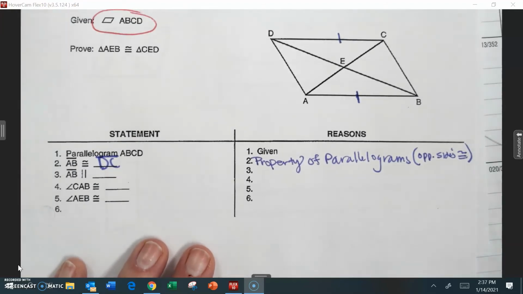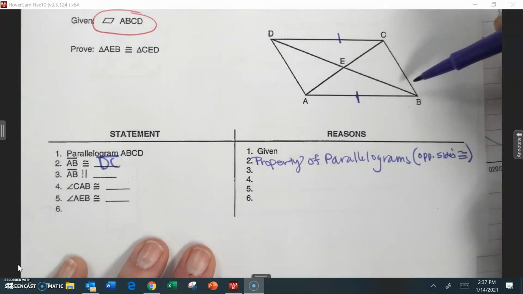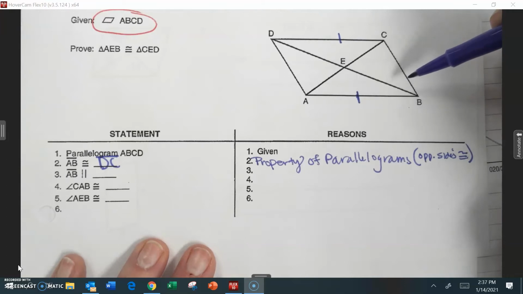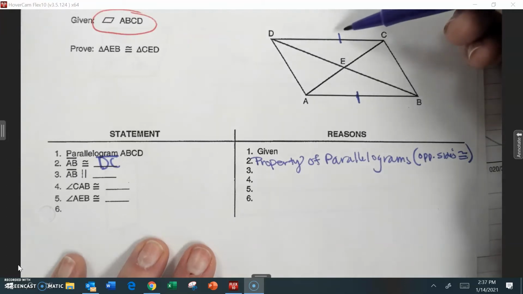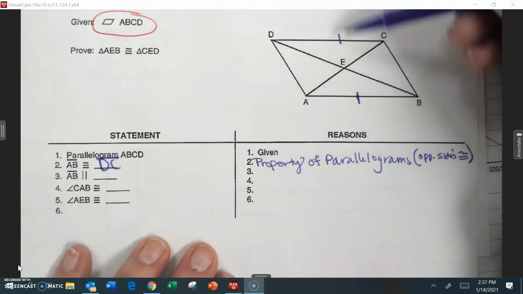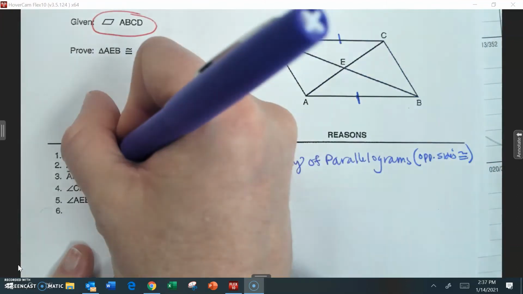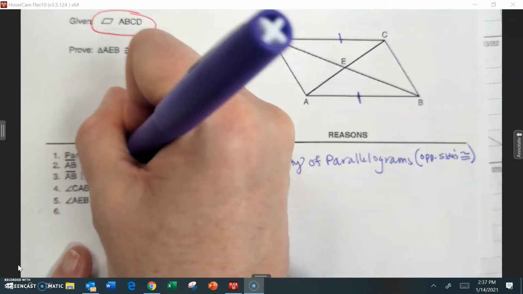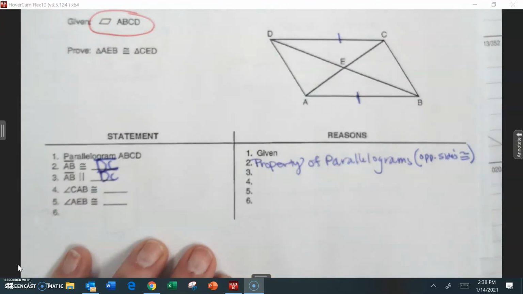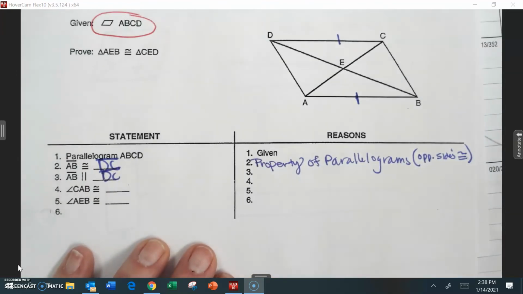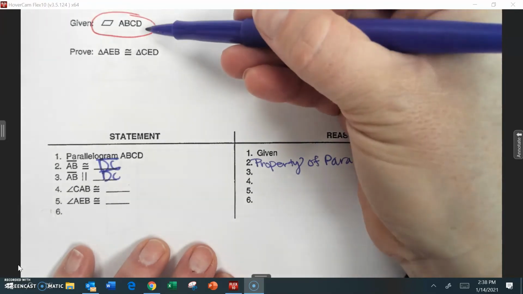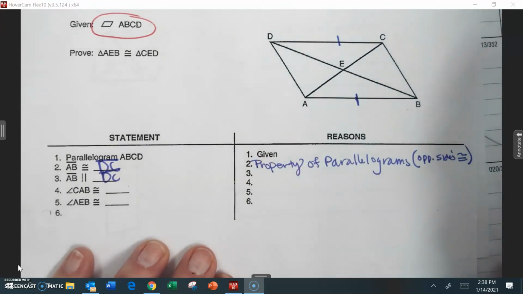Now, it says AB is parallel. Well, I'm thinking it's going to be the side opposite, so it's going to be also DC in this blank. But why is it parallel? Oh my gosh, because we knew from the start, they told us it was a parallelogram.